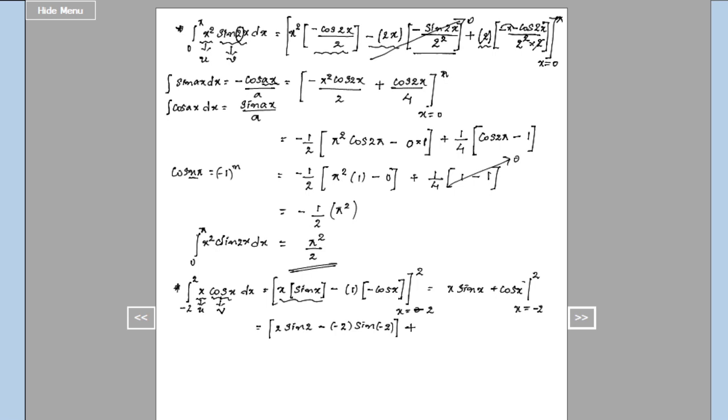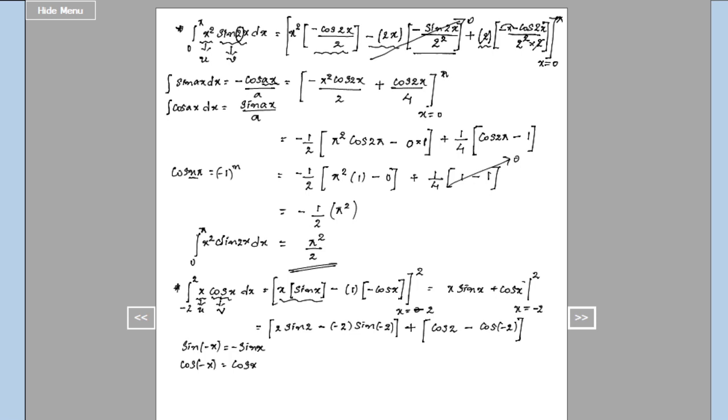So now applying the limits for cos x: upper limit cos 2 minus lower limit cos of minus 2. As we know, sin of minus x is minus sin x, and similarly cos of minus x is cos x.